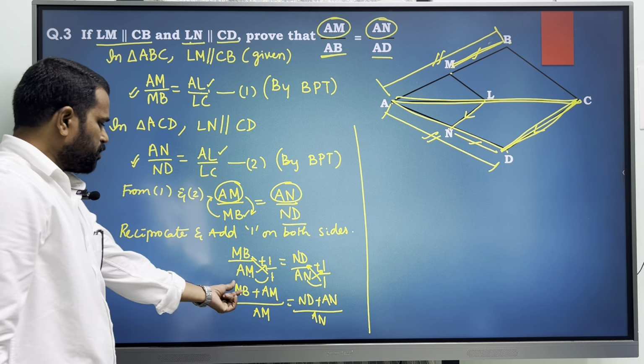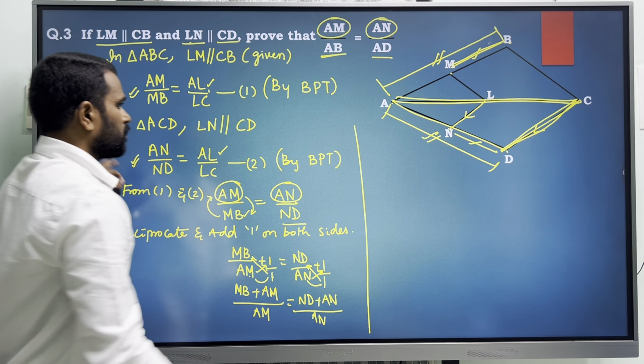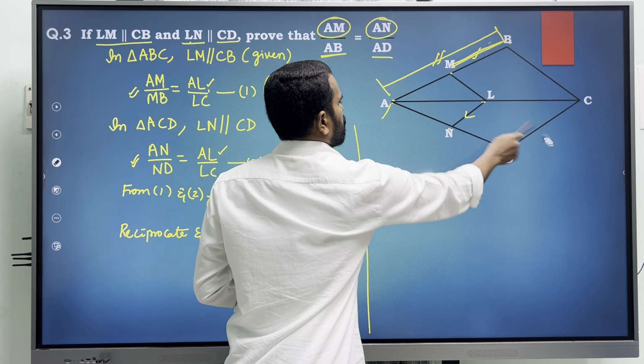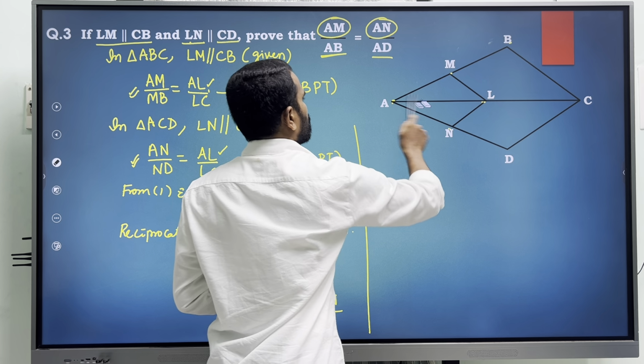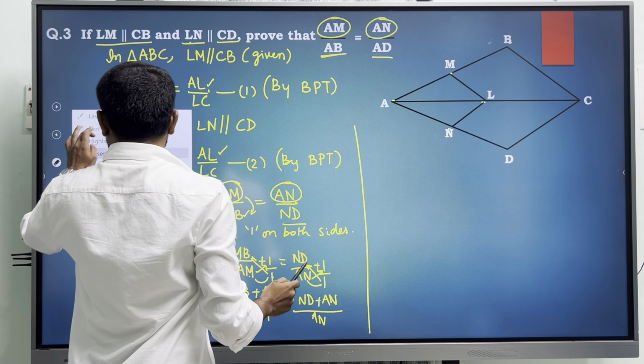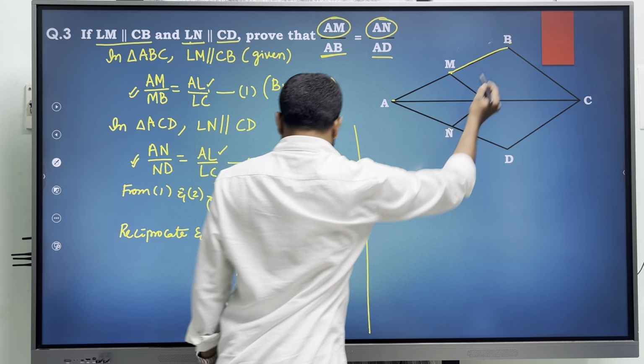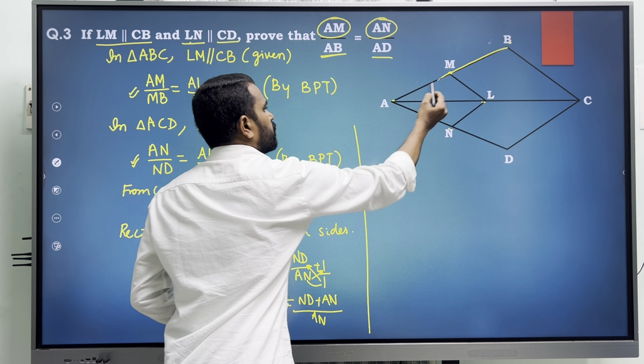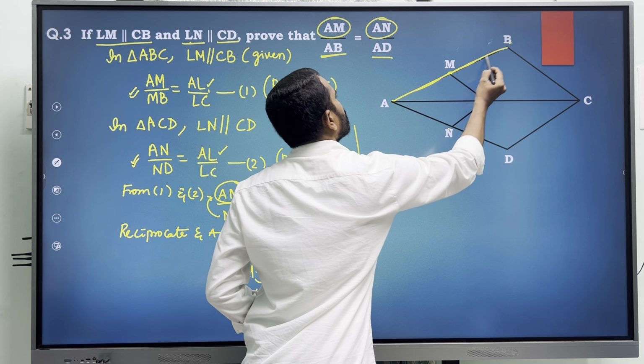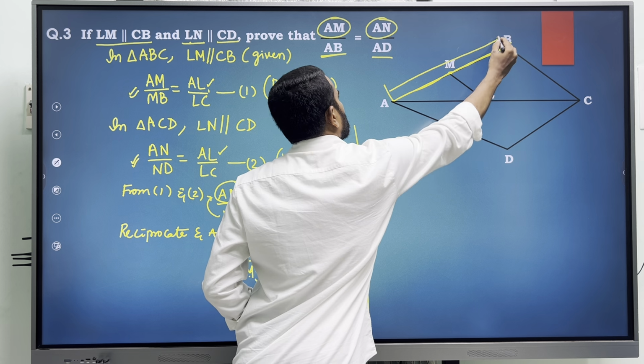Understand? So MB plus AM, this total, how much? If you add these two, it becomes AB.